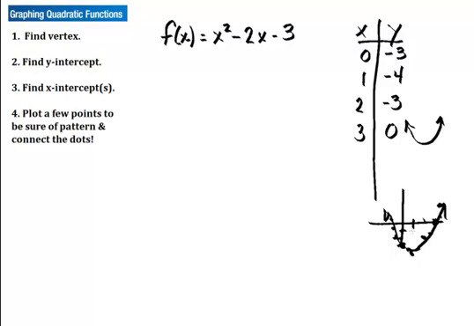But you might not find that parabola shape, and you might have to figure out where in the world it is on your graph. Now, it might be a parabola shape going up. It might be a parabola shape going down. We don't really know how wide it is or how skinny it is. But it's helpful to know that quadratic equations are either a parabola going up, or a parabola going down.